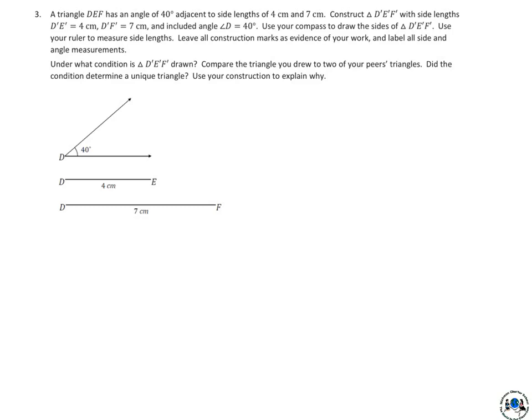Okay, so this number 3 here is a little bit different. It says a triangle DEF has an angle of 40 degrees adjacent to side lengths of 4 centimeters and 7 centimeters. So construct triangle D prime E prime F prime with side lengths D prime E prime is 4 centimeters and D prime F prime is 7 centimeters, and the included angle, angle D, equals 40 degrees.